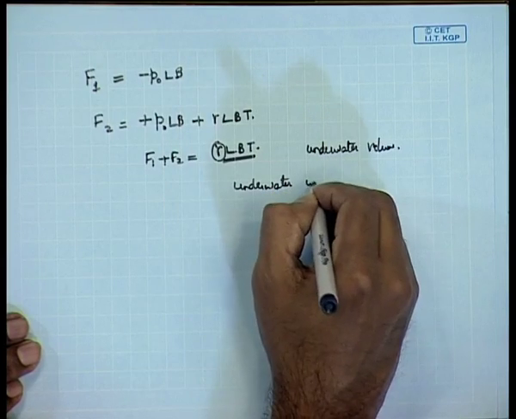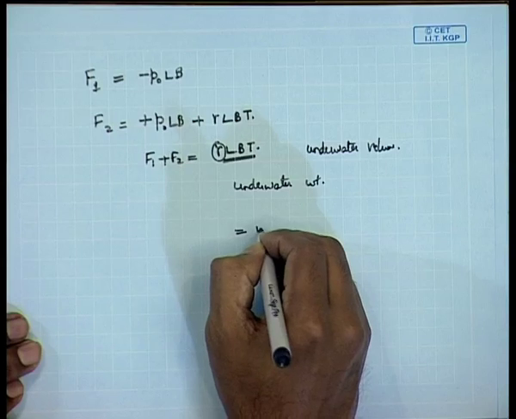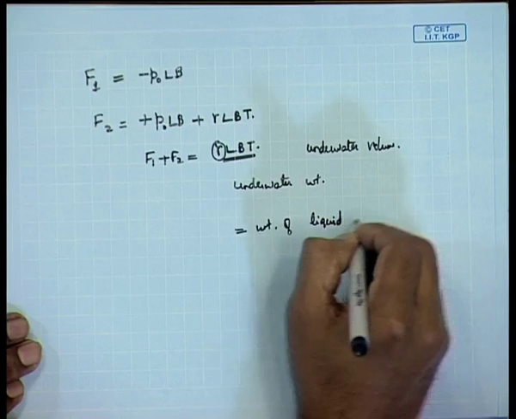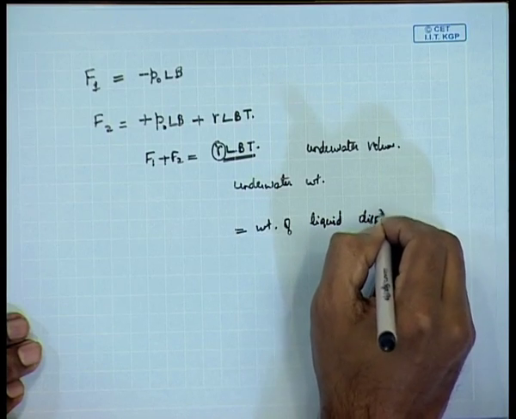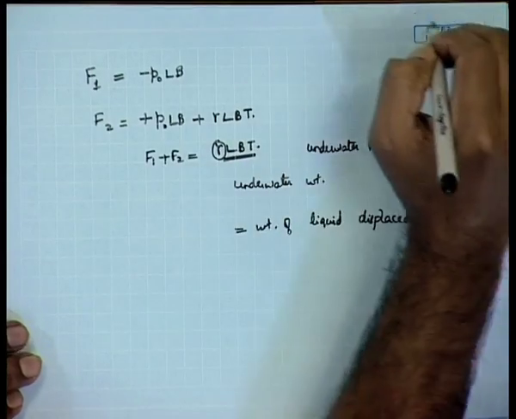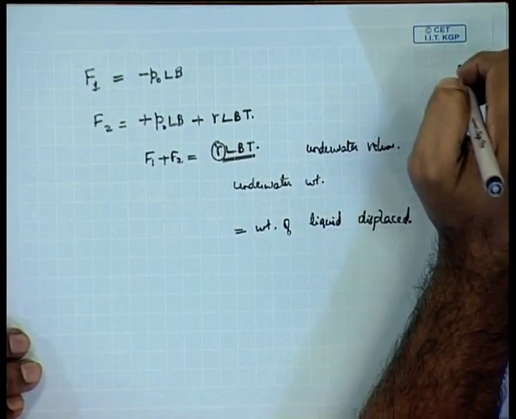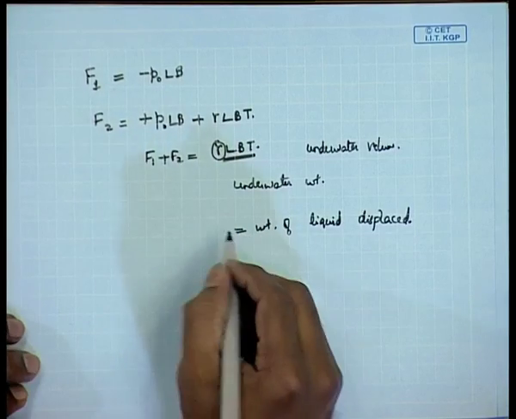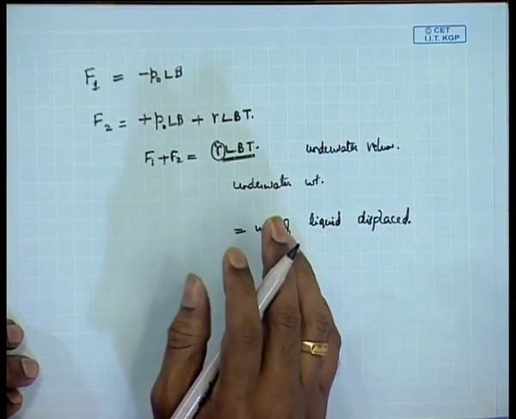What it really means is that it is the weight of the liquid displaced. So, you get that F1 plus F2, the net force on the body, is a net upward force, directed upward, pushing the body up, as you can see given here.